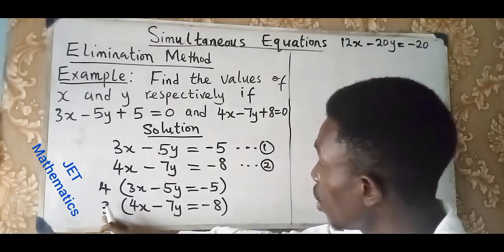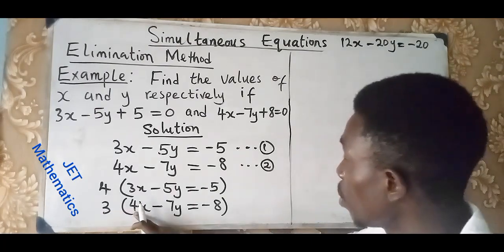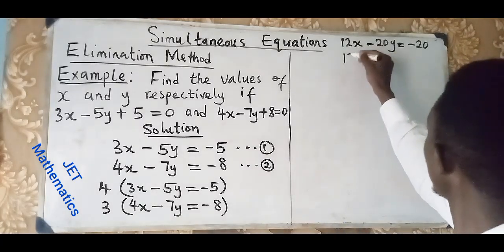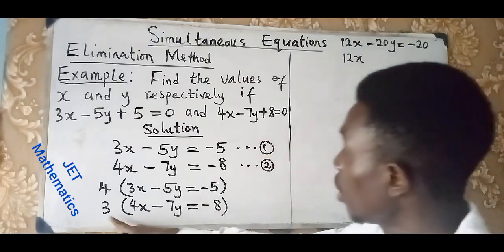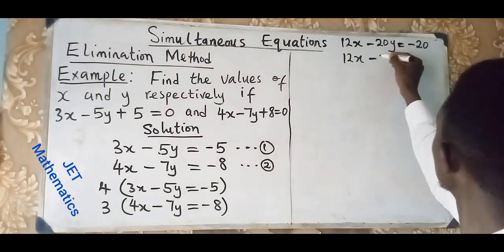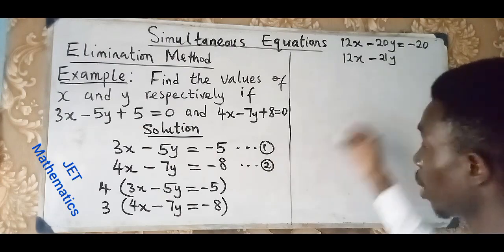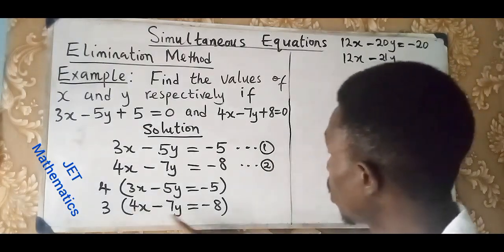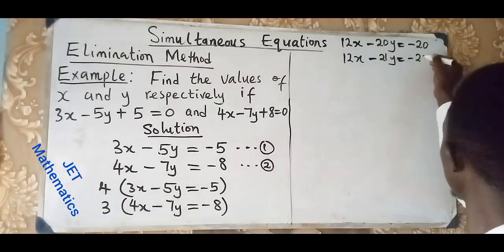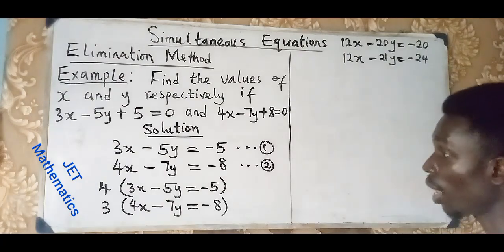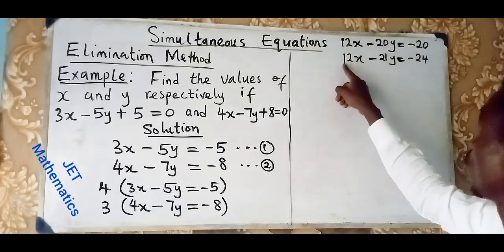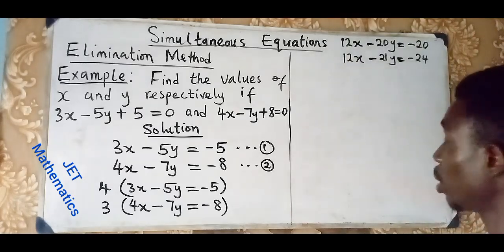Also, for this, 3 times 4 gives us 12x, 3 times minus 7 gives us minus 21y, and 3 times minus 8 gives us minus 24. Very easy. And now you see that the coefficients of x in both equations are now the same.